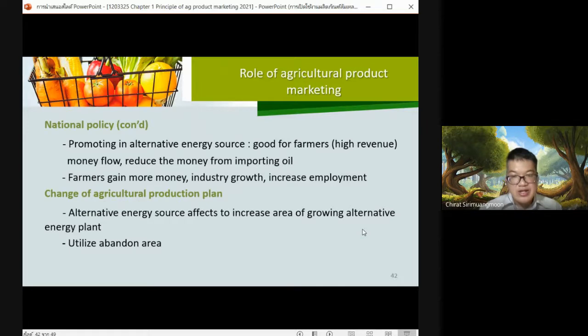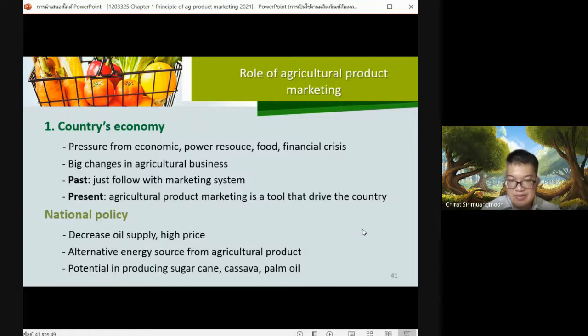If you have a policy like that, the farmers will have more money, the alternative energy industry will grow, and we have more employment. That is the reason why our country now changes the agricultural production plan by promoting the growth of energy sources, using abandoned areas or changing areas that have low production in some plants and replacing them with sugarcane, cassava, and palm oil production.